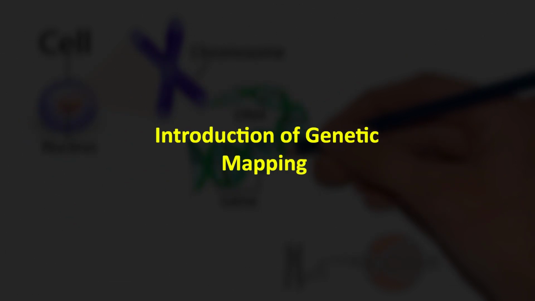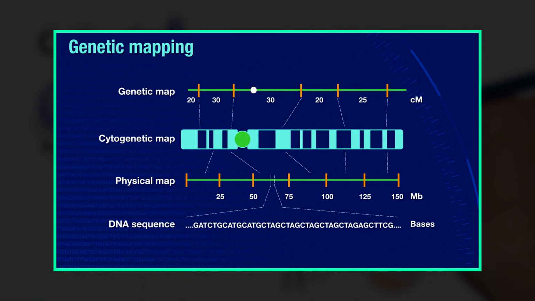Dear students, let's start with the introduction first. Genetic mapping describes the methods used to identify the locus of a gene and the distance between genes. Genetic mapping can describe the distance between different sites within a gene.